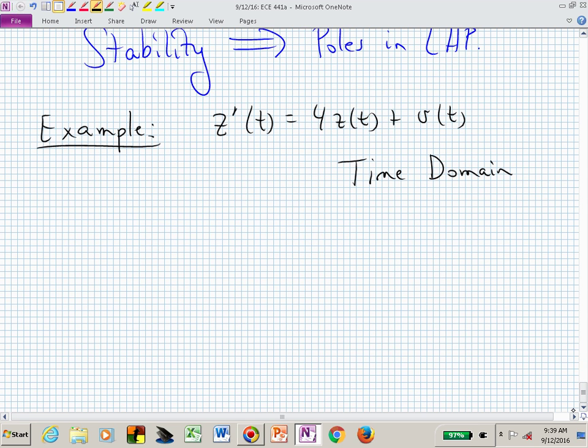So we need to convert this into the frequency domain. In other words, we can Laplace transform that governing equation. And if we're only interested in the dynamic behavior of the system, not the solution, then we can neglect all the initial conditions in this transformation.